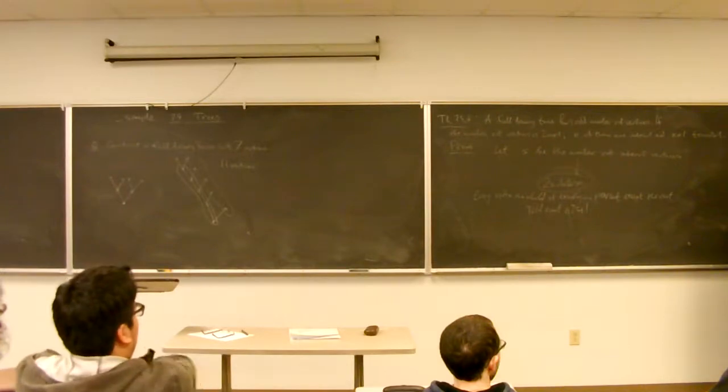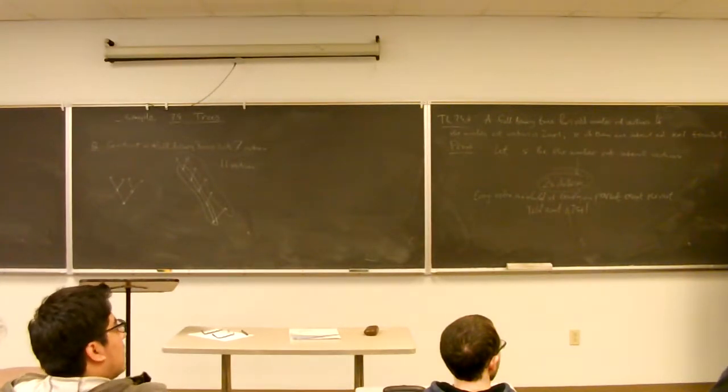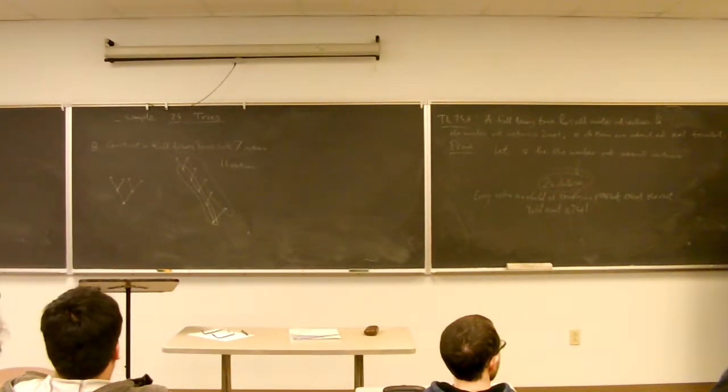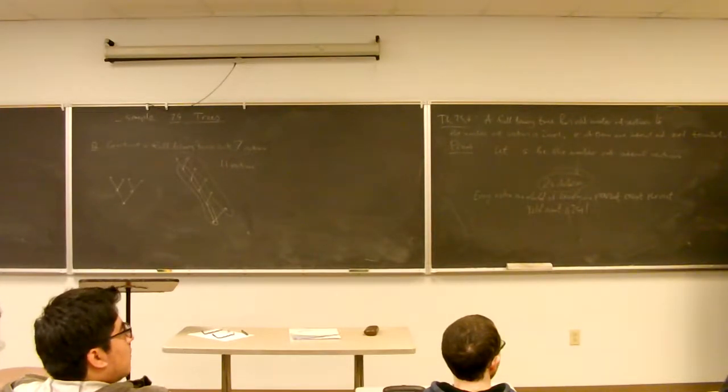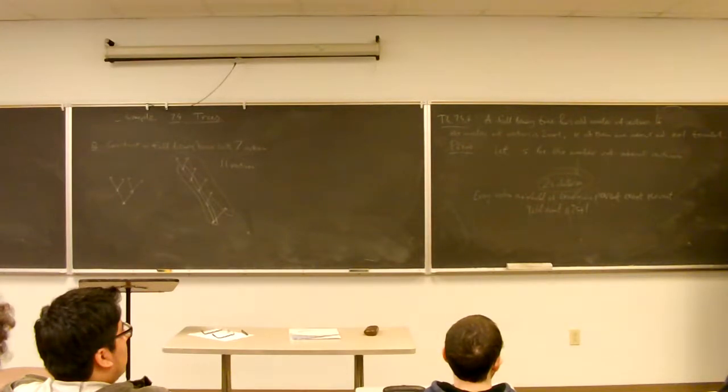Once again, if you have a full binary tree, it must have odd length. Yes? The way this is written, aren't you assuming the conclusion, if you're saying let S be the number of internal vertices? No. I'm just saying S. That number.